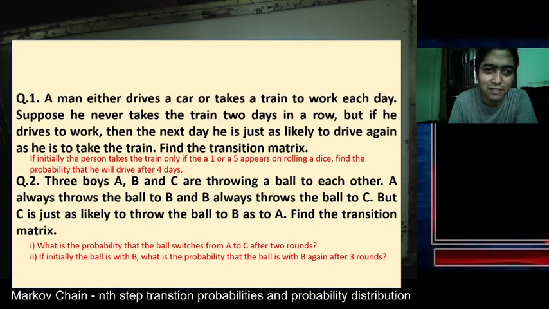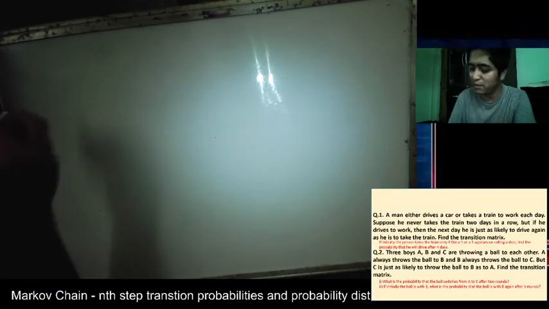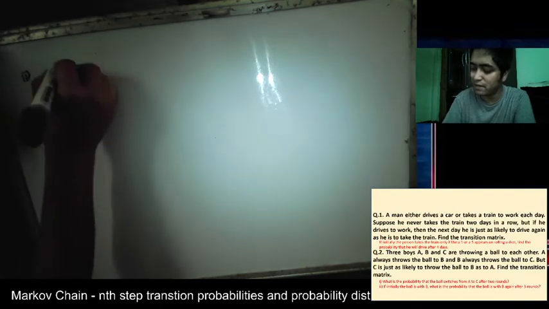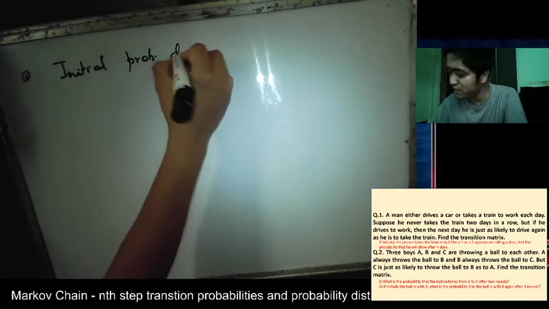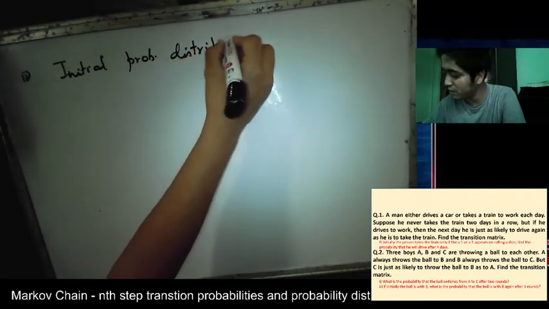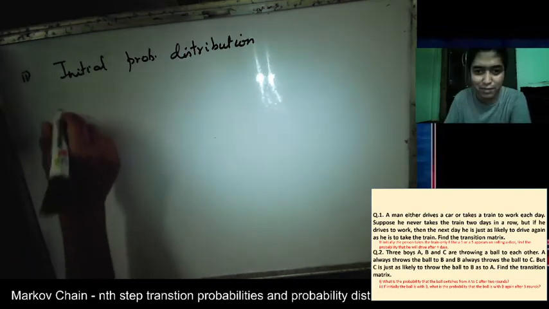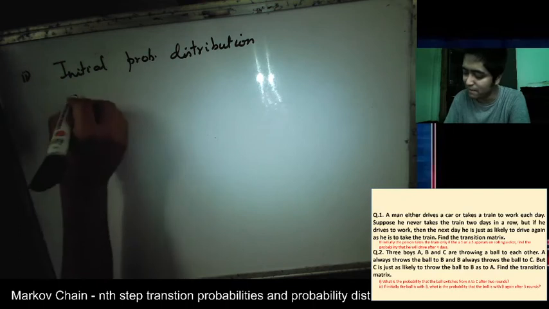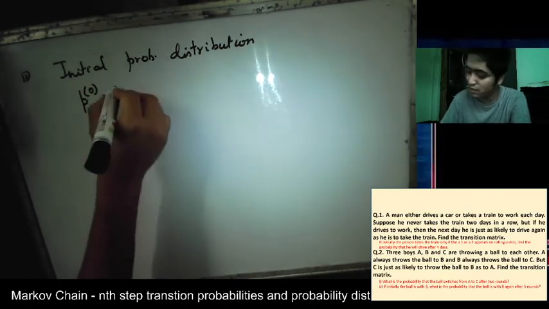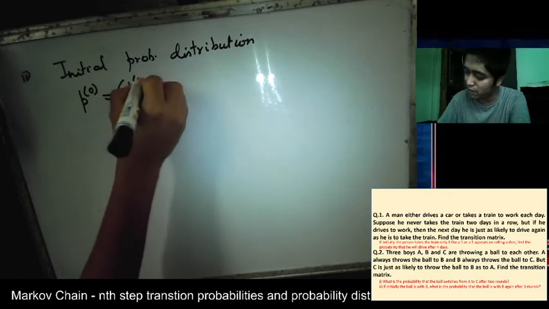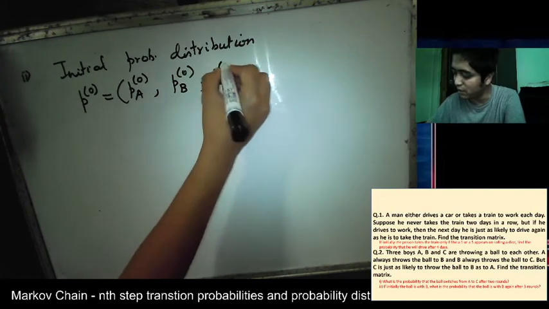So after 3 rounds, we will need 3. Initial probability distribution, we can denote it with P1, P2, P3, but it will be simpler since the states are A, B, and C. So we can denote it with P0: PA0, PB0, and PC0.